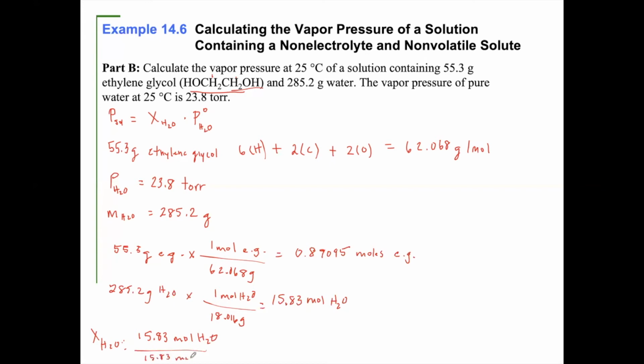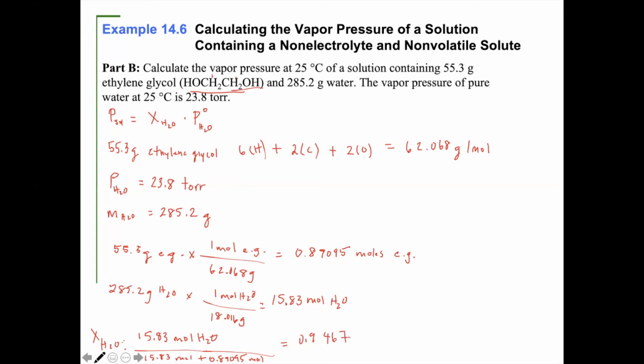Hopefully you can see the bottom of the screen. At the bottom there, you can see the moles of water plus the moles of ethylene glycol. So that's about 0.9467. That's the mole fraction of water.